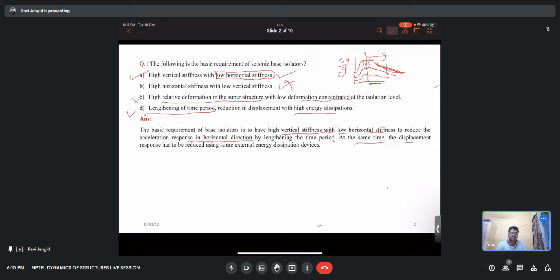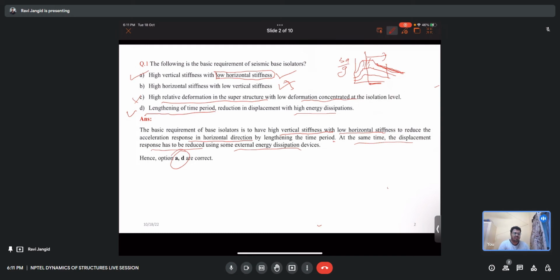At the same time, the displacement response is reduced using some external energy dissipation, because displacement becomes high as the time period increases, meaning our natural frequency decreases. So we use high damping devices such that our displacement reduces. So option A and option D are correct.